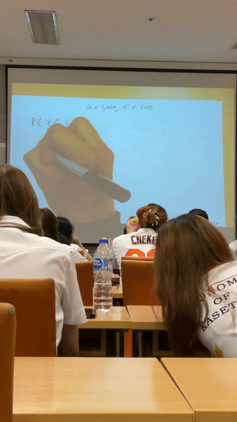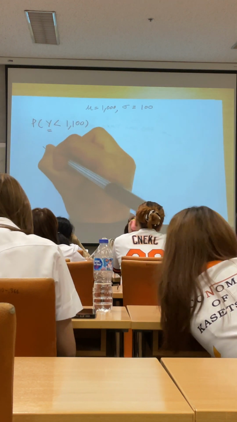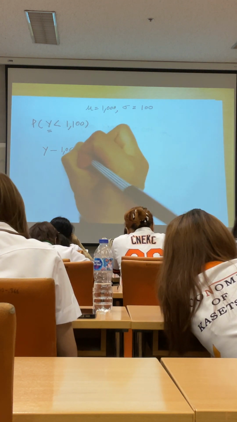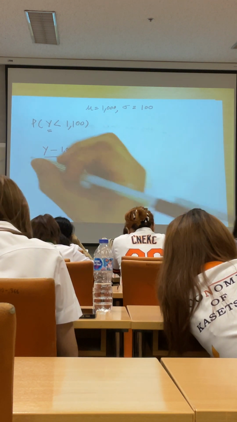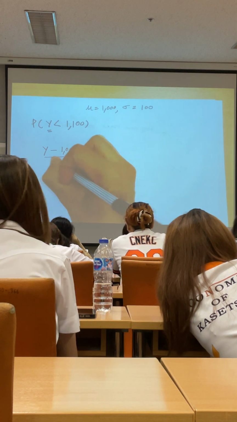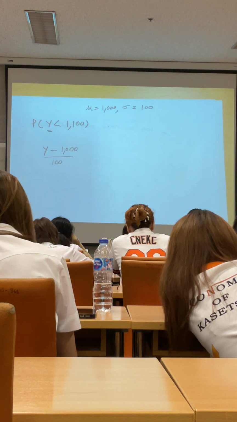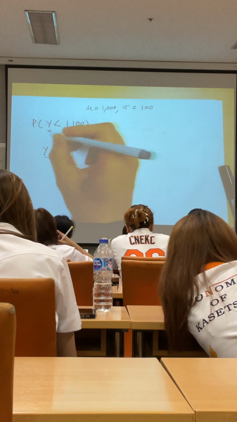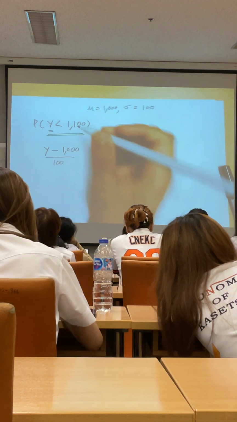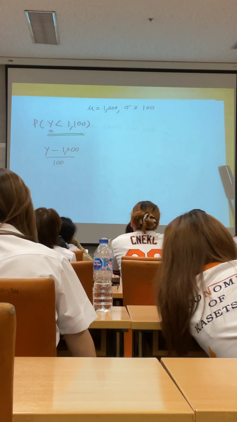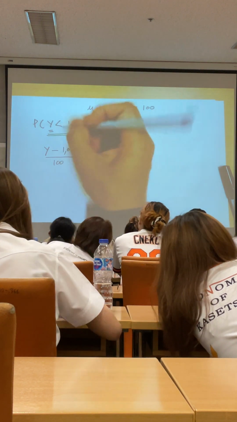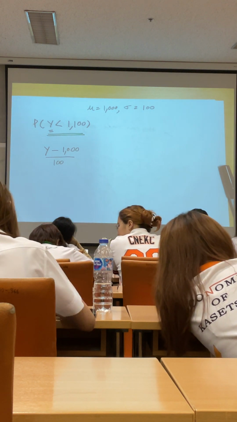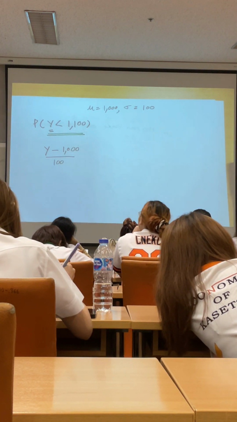We use the formula Y minus the mean, 1,000, divided by the SD of 100. You can look at this like an equation, although it's not an equality, because we have less than or equal to, but it still works like an equation because we want to keep that.